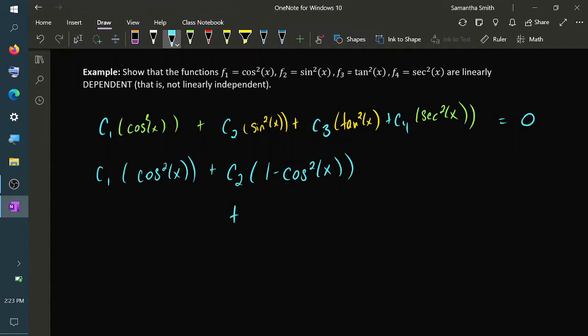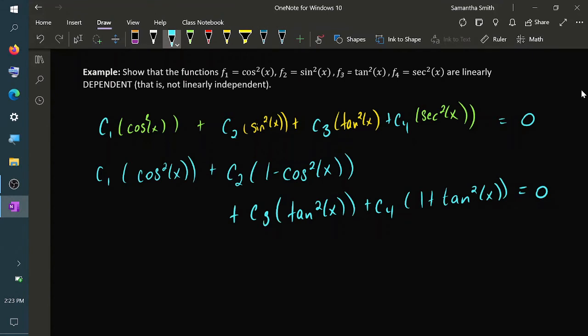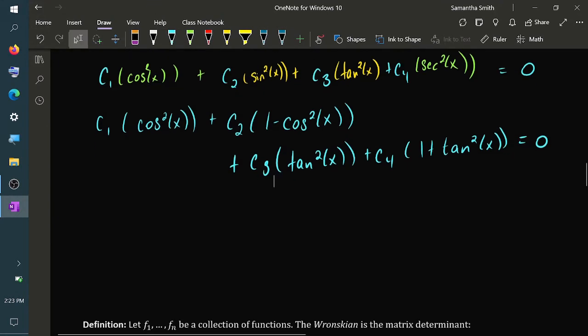And there was another version of the Pythagorean identity, which said that if you take secant squared, then that's the same thing as 1 plus tangent squared. So using those identities, let's go ahead and rearrange this a little bit.